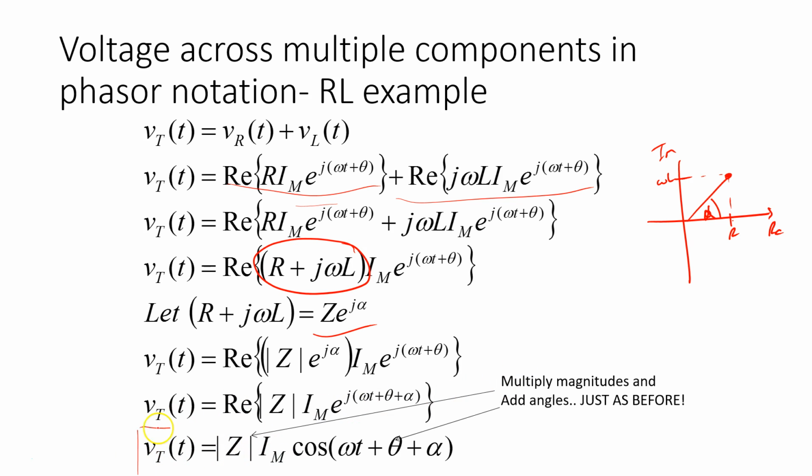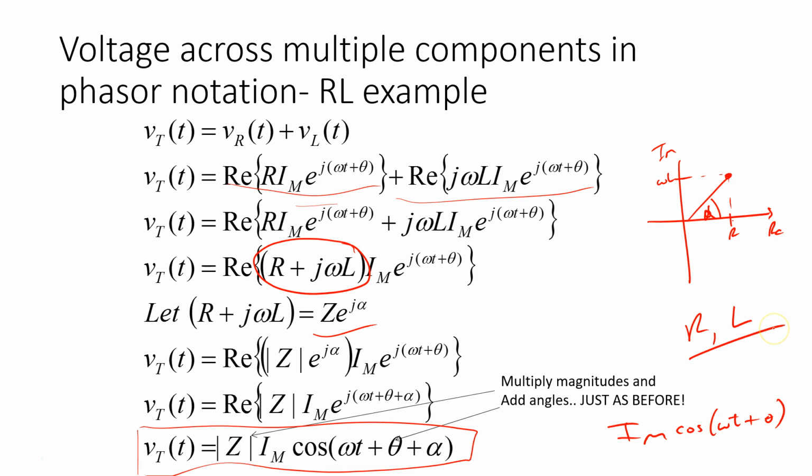So if I look at the total voltage at the end of the day, what is the final result, then I see that from my original current, which was Im cosine omega t plus theta, if I have two components R and L, then to get the voltage across these two components, what I do is I multiply it by the magnitude of the total impedance, which is Z, R plus j omega L, and I add the angle of that impedance.